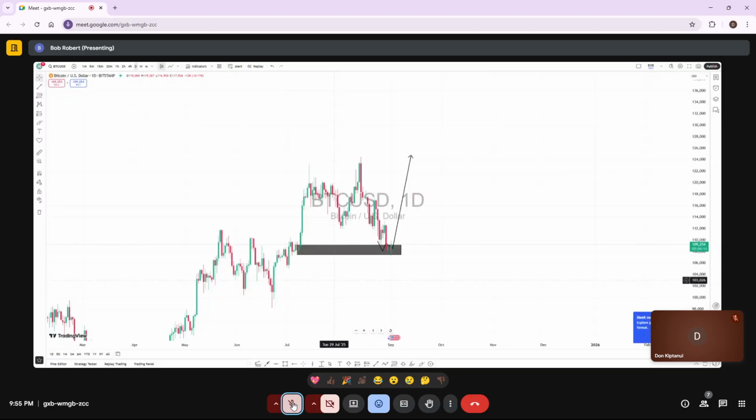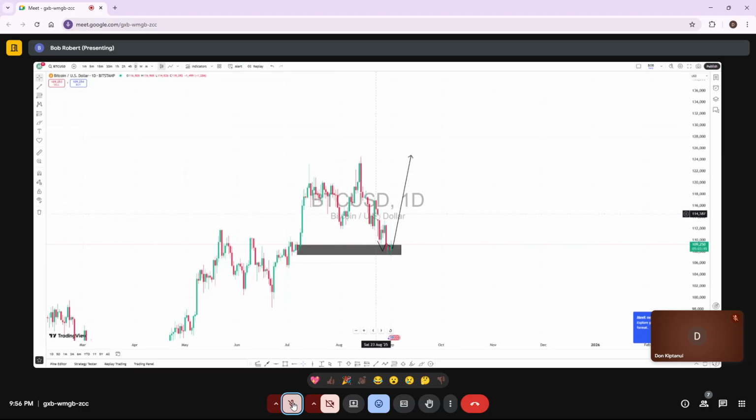So step one is, let me read it: you identify the supply zone on a higher time frame, then wait for the price to come to this level. When I was identifying this zone, the price was at this zone here, around this level.